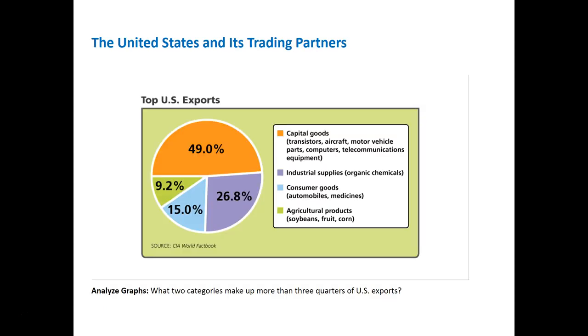Now you can see kind of what our top exports are, what we send out into the world. Capital goods tend to be the biggest category, and then followed by industrial supplies.